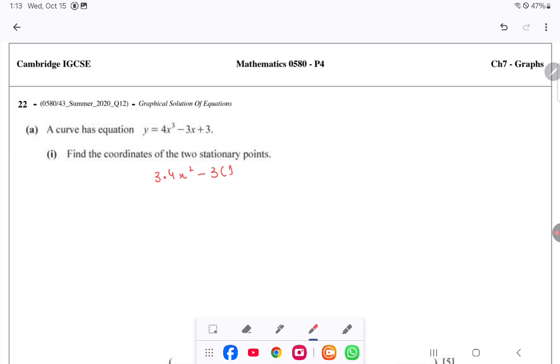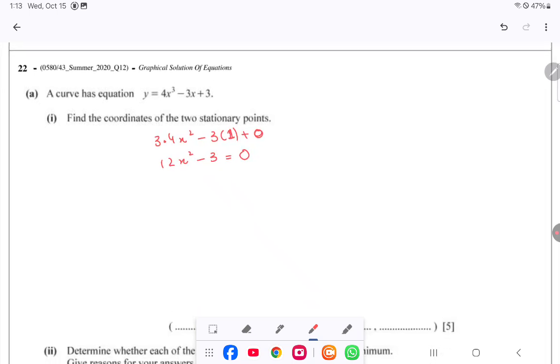The derivative of 3x is 3, and the derivative of the constant becomes 0. So 3 times 4, 12, x squared minus 3 equals 0. This is our first derivative.